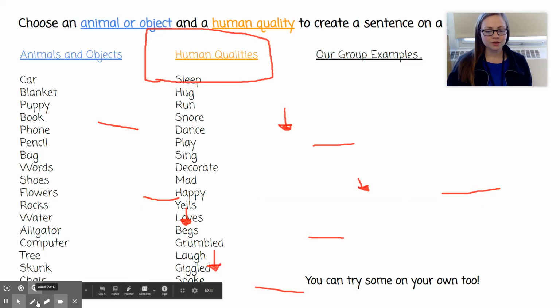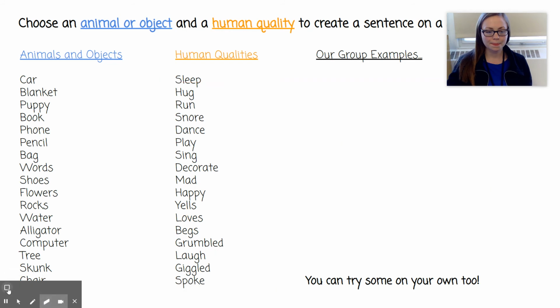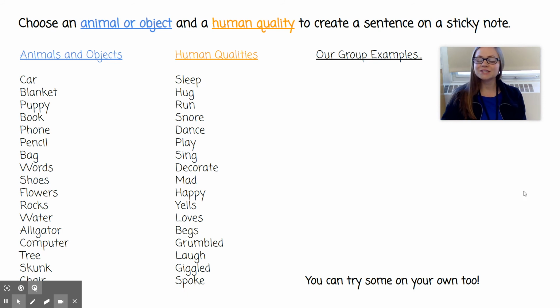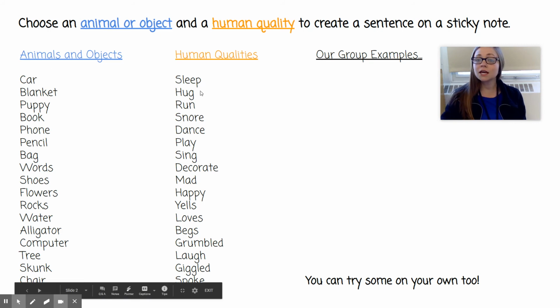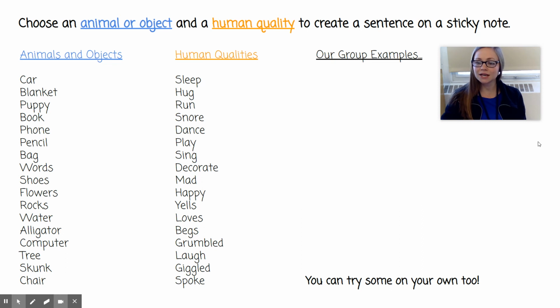So, let me clear off all this stuff here. All right, so now what we're going to do is we're going to choose an animal or an object from this column and a human quality from this column to create a sentence on a sticky note.